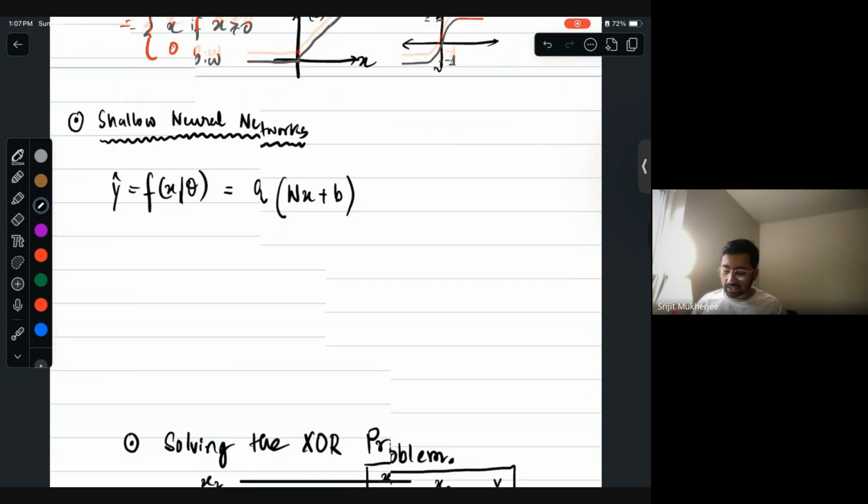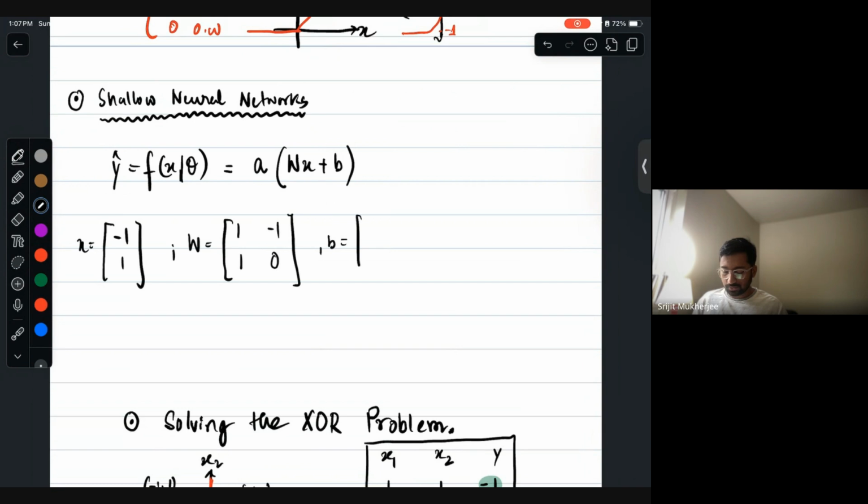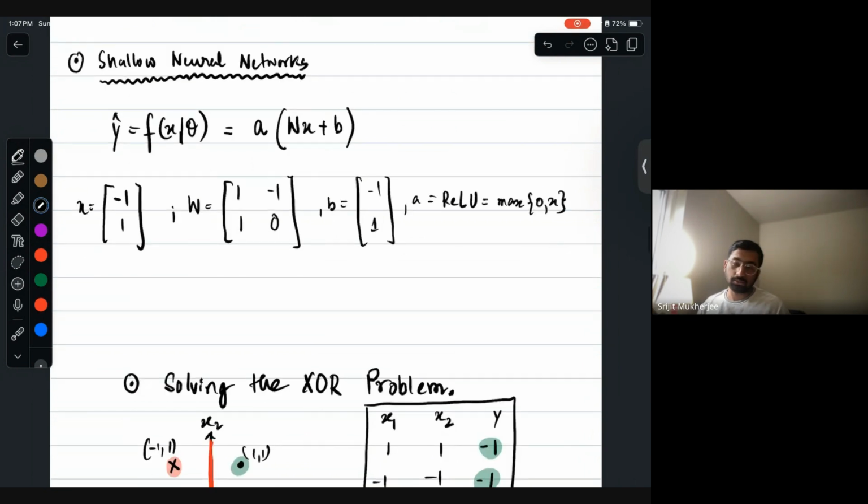Simple. So what is happening in this activation function? Let me show an example. Let's say x is equal to (-1, 1), W is equal to [[1, -1], [1, 0]], and b is equal to (-1, 1). The activation function, let's say ReLU, that is max of 0 comma x, whichever is the maximum among 0 and x.